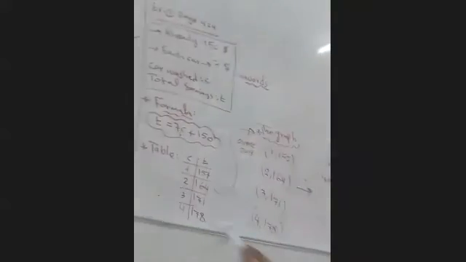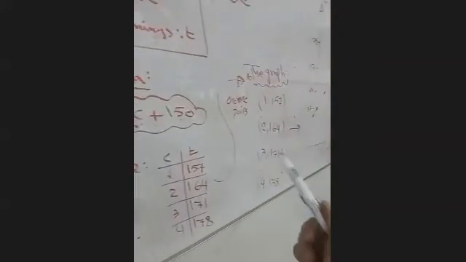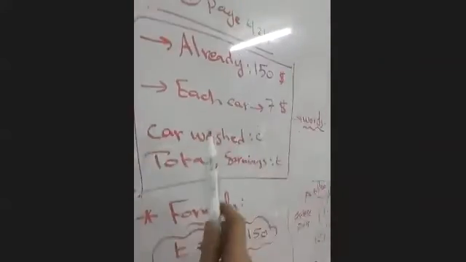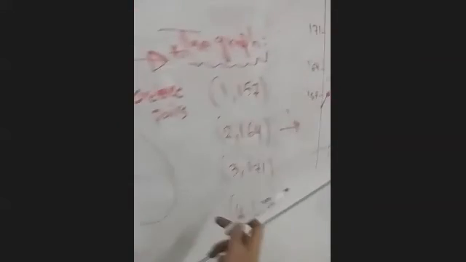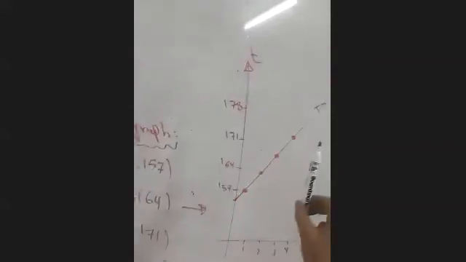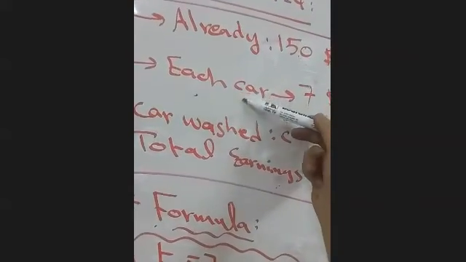What we call these things, guys, we call them representations. Multiple representations means more than one representation. This representation and this representation and this representation, all of them are for the same relationship between the cars washed and the total earning.